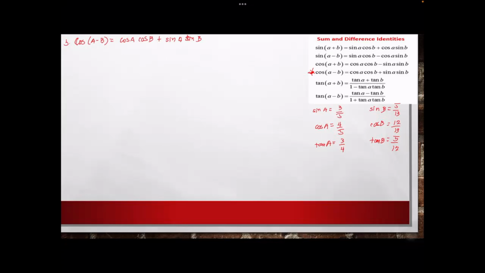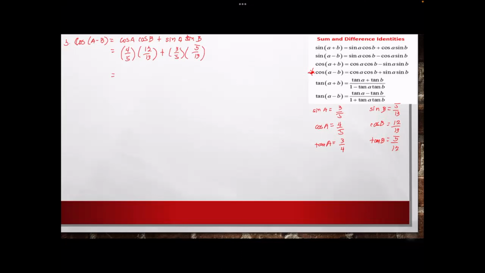So, magkakaroon tayo dito ng cosine A natin is 4 over 5. Tapos yung cosine B mo ay 12 over 13. Plus, yung sin A natin ay 3 over 5. At ang sin B ay 5 over 13.